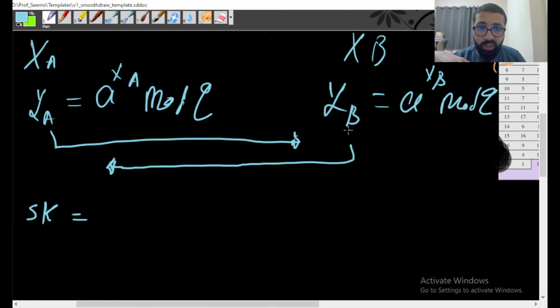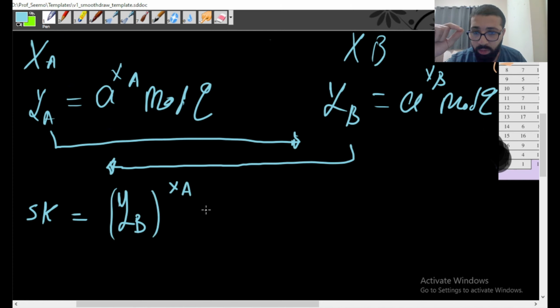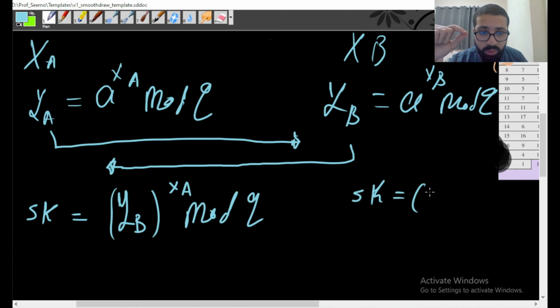It's equal to Bob's public key, YB, raised to the power of her private key, mod Q, and Bob will also do the same thing. SK is equal to YA to the power of his private key, mod Q.